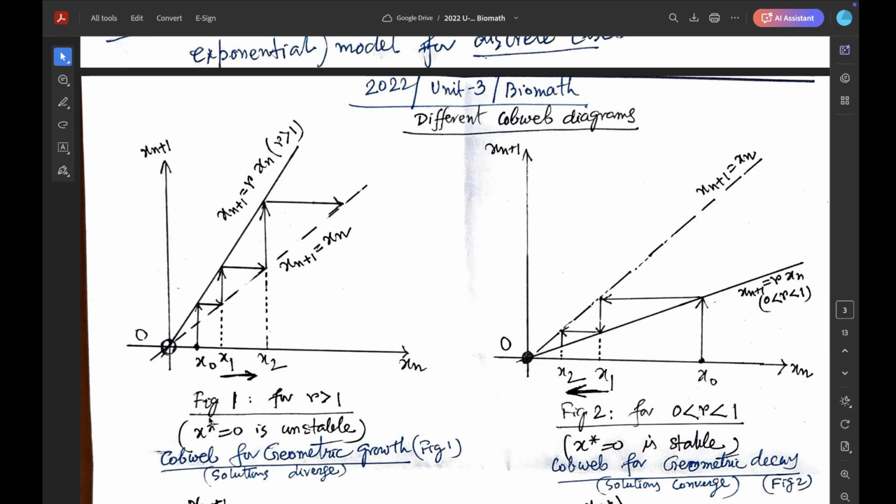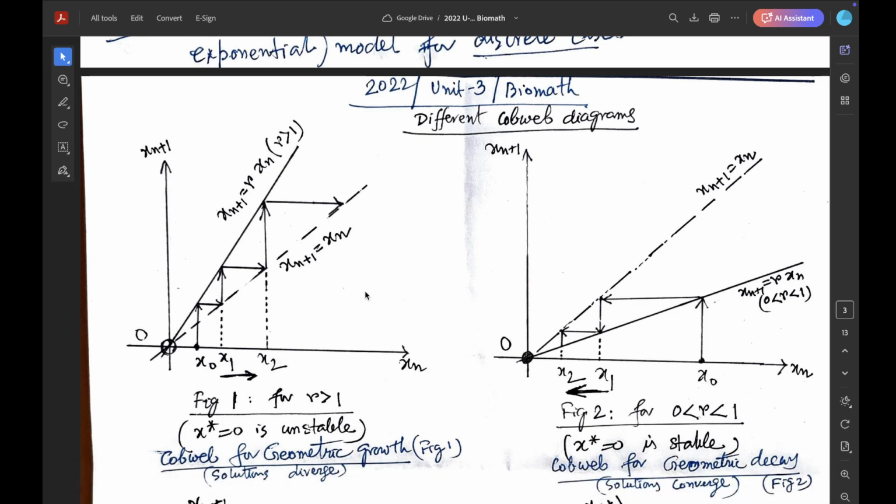So x* = 0 is an unstable steady state, and this is the Cobweb diagram for geometric growth. Here solutions diverge up to infinity. So this is the Cobweb for geometric growth.